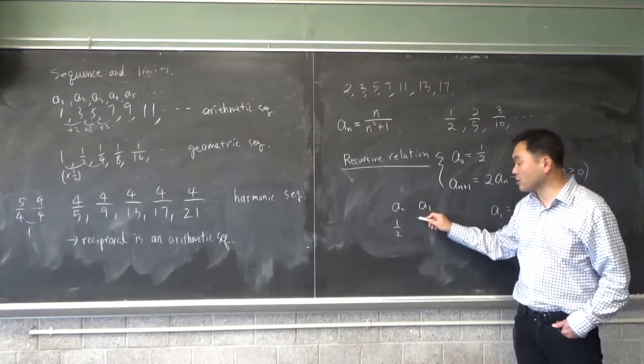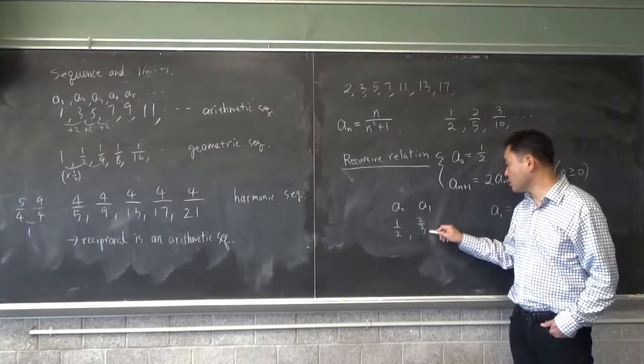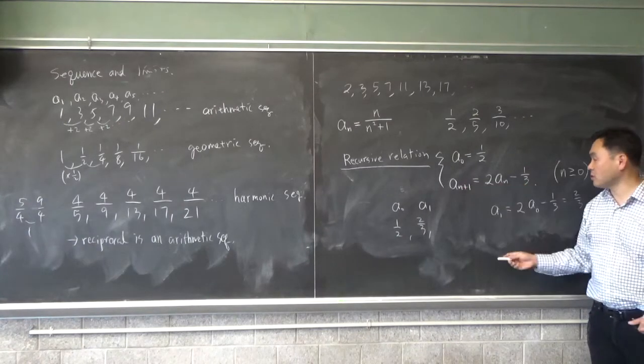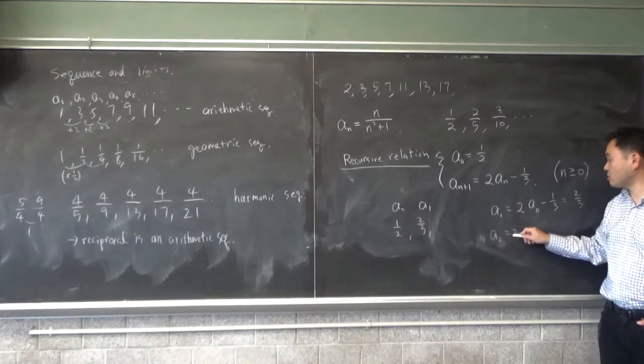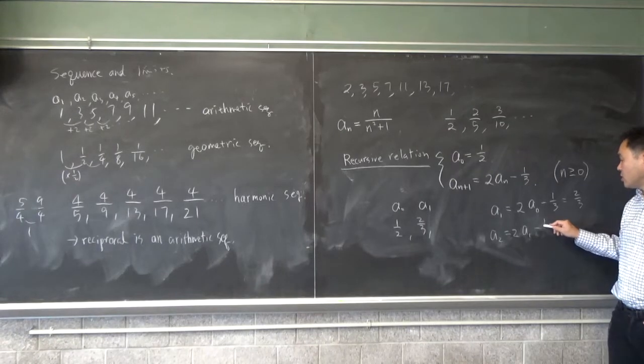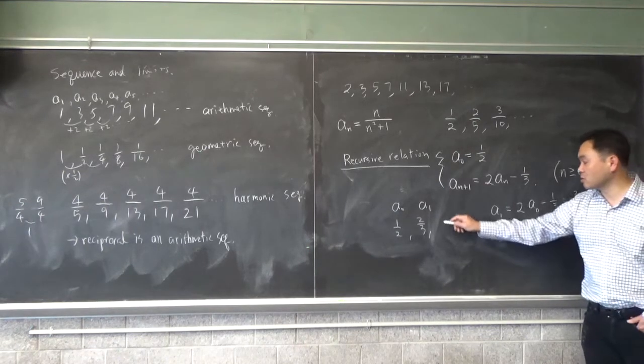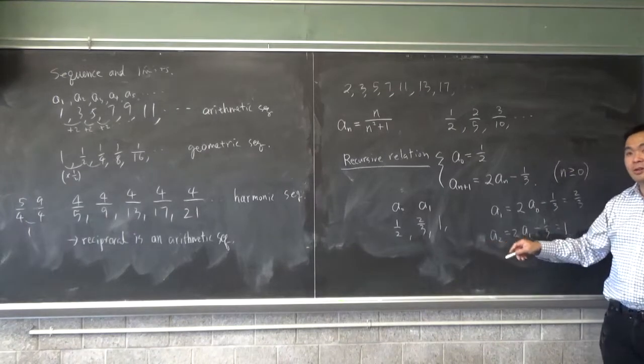So that's how you get the next number. And then you can plug in n equals 1, so that a2 will be twice a1 minus 1/3. Twice 2/3 is 4/3. 4/3 minus 1/3 would be just 1, and so on.